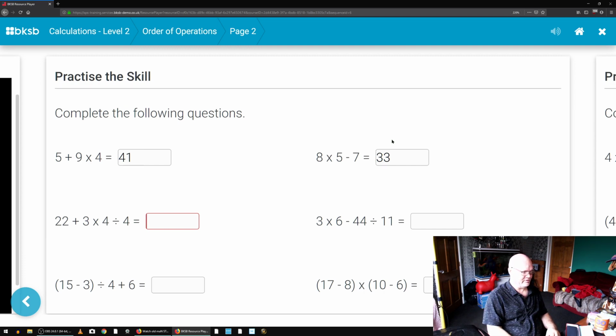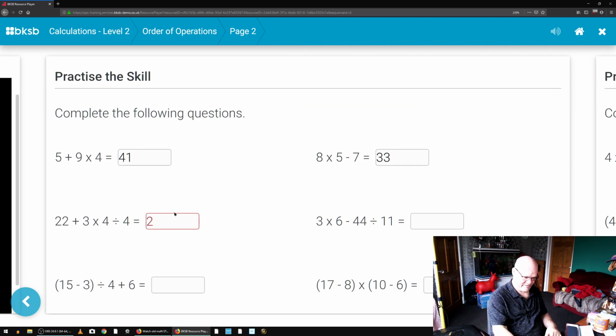Wow, that looks like it's not going to go right, but we'll just do it anyway. 4 divided by 4 is 1, isn't it? If you've got 4 things and you divide it between 4 people, you get 1. And then 3 times 1 is 1. 22 plus 1 is 23.